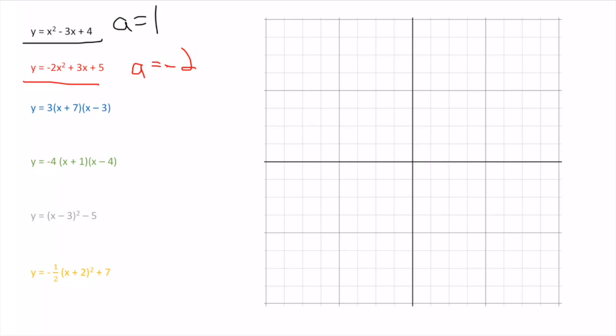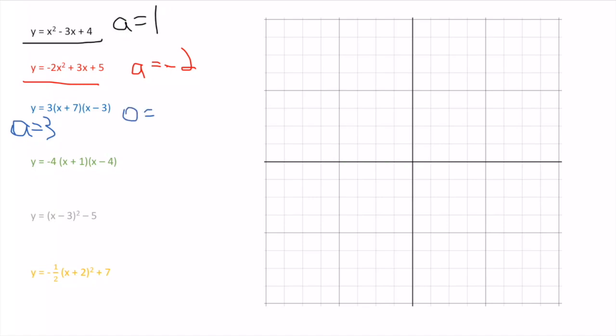Now this next one. a is 3, and it's positive, so it's going to open up, and it's going to be quite skinny. And then I also know where my roots are. The only tricky thing about roots, because they're the x-intercept, is that we find the x-intercept when y is equal to 0.